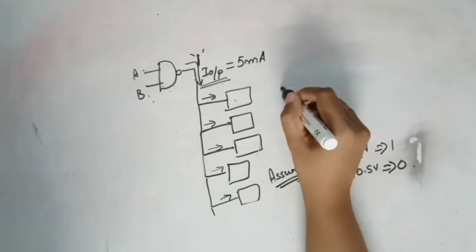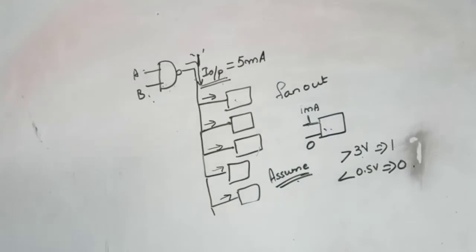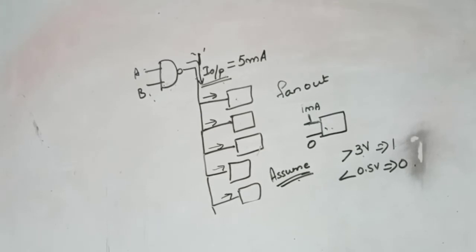So that is called the fan out. Fan out is simply defined as the number of gates that can be connected to the output of a gate so that the operation does not change. Logic does not change.